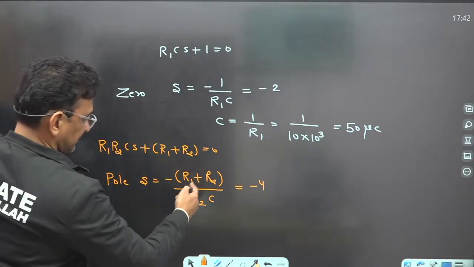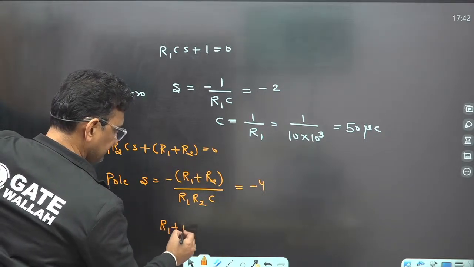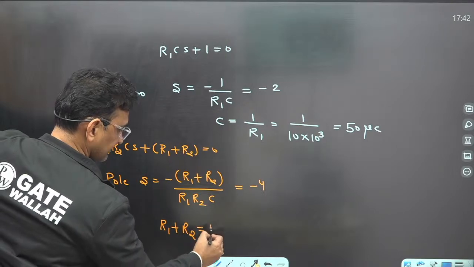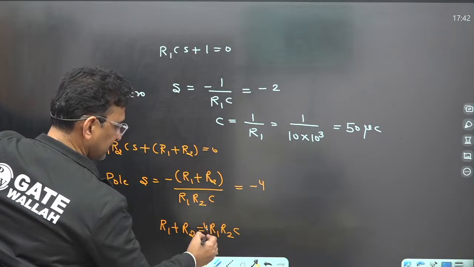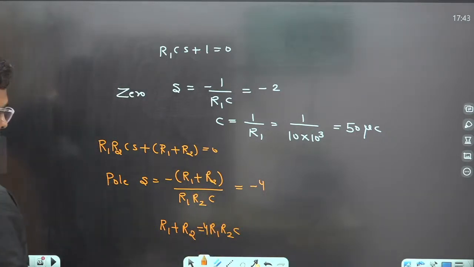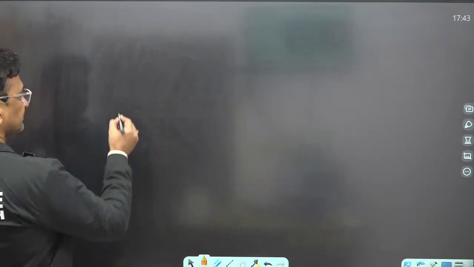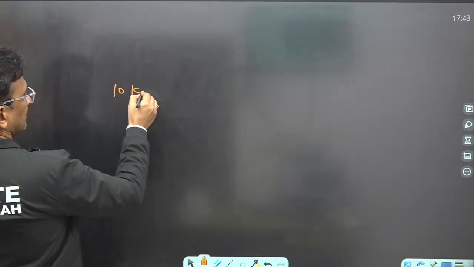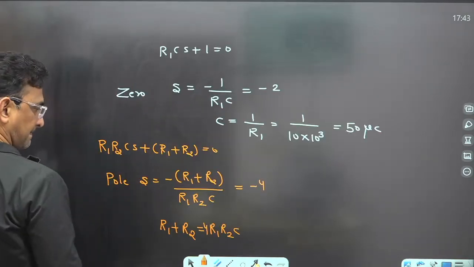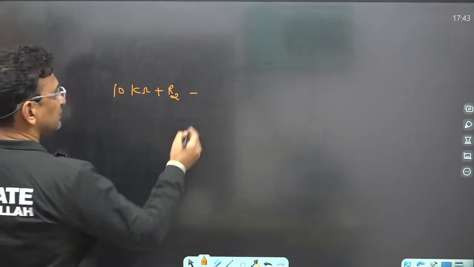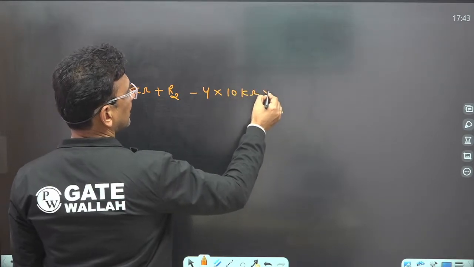Now, minus minus will cancel out. It will be (R1 plus R2) upon R1 R2 C, equal to 4. So R1 is given as 10 kilo ohm. R2 we have to find out. 4 equals R1 plus R2 over R1 R2 C, where R1 is again 10 kilo ohm and R2 we have to find out.